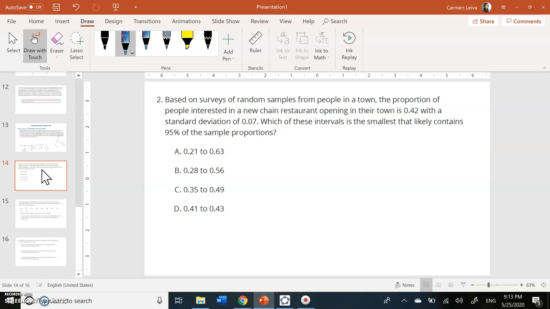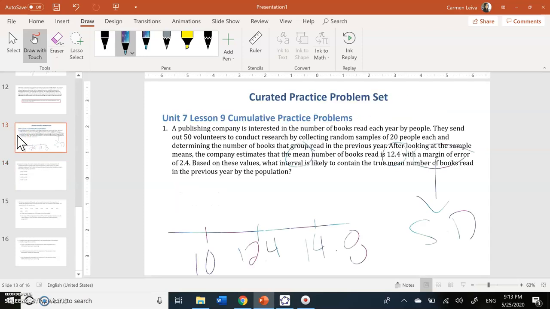Again, if they give you the standard deviation, if they give you the proportion, if they give you any of that, you need to make sure that you translate it to what you already know: the mean and the standard deviation. In the previous exercise, they gave you the mean and the margin of error.